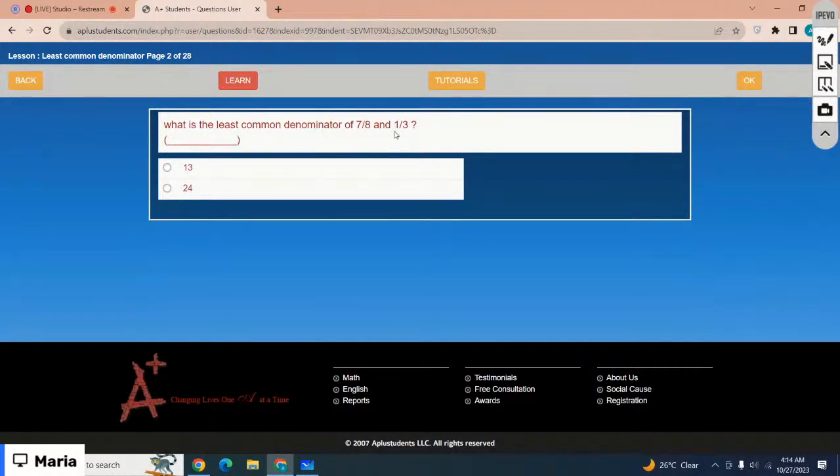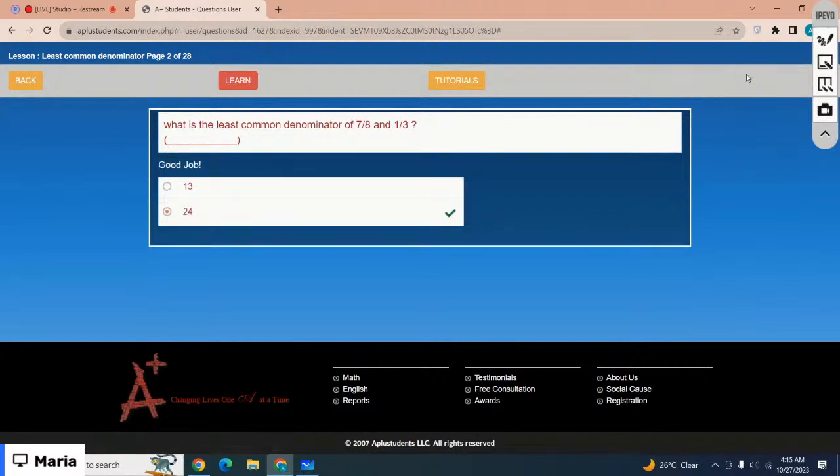So the simple way is you can simply multiply them. 8 times 3 is 24. 24 is the least common multiple of the numbers, right? 3 is a prime number. So you can do 3 times 8, that is 24.